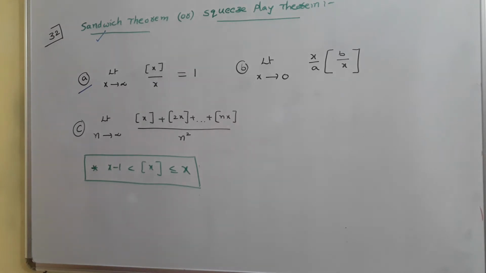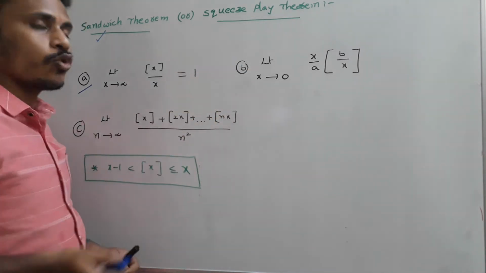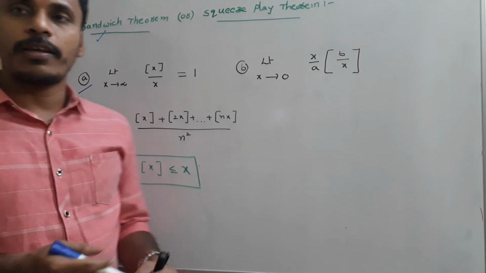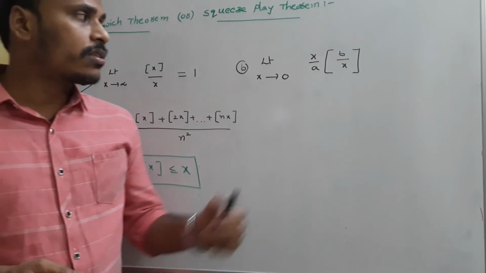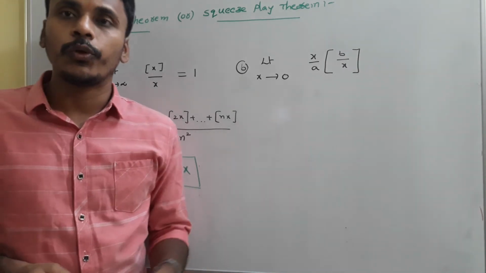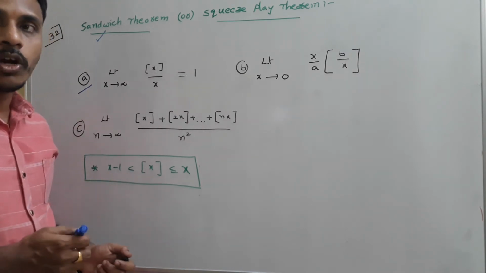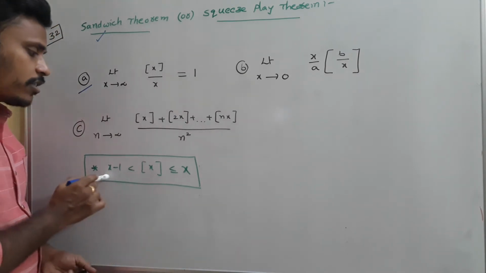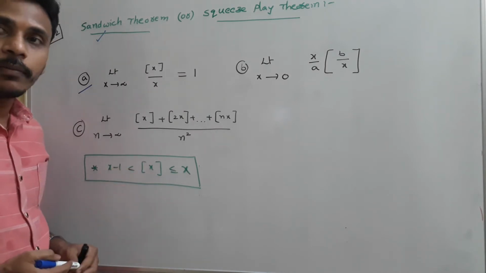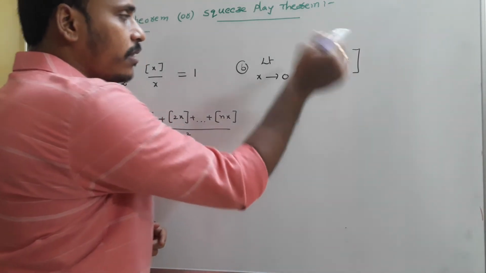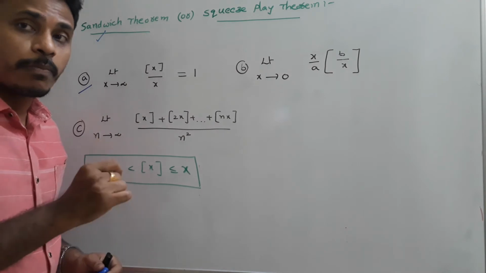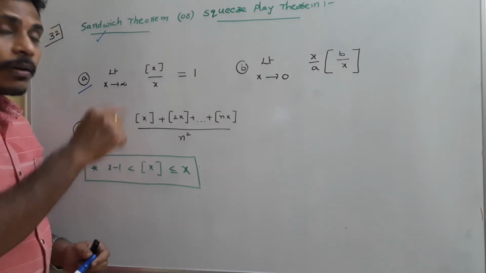Now next problem B. Limit x tends to 0 of x by a into step of b by x. So this time again, to solve this problem we need the help of the same inequality on the step function. This is the standard inequality, but this time b by x is there in the step, so we need to apply this inequality for b by x.